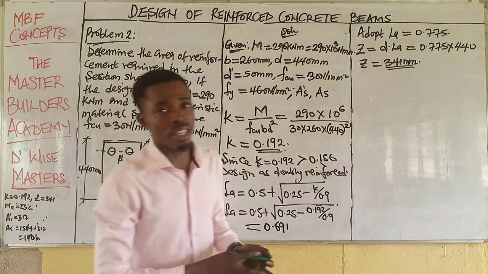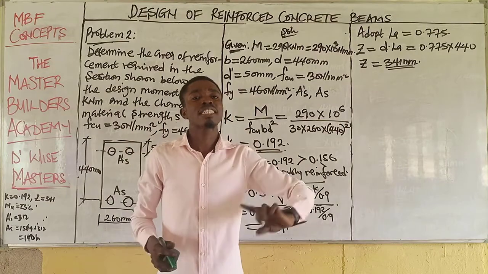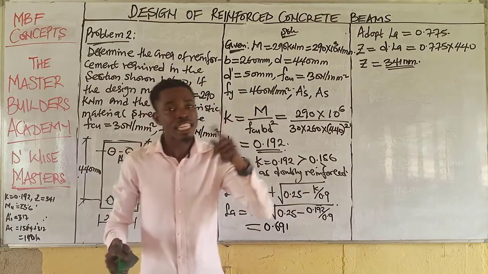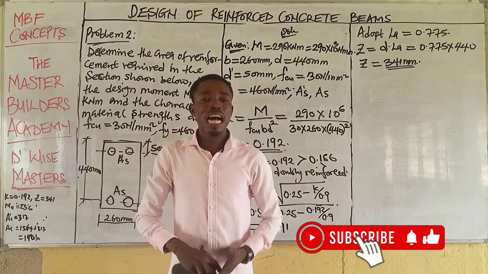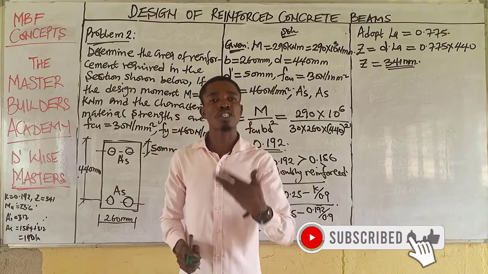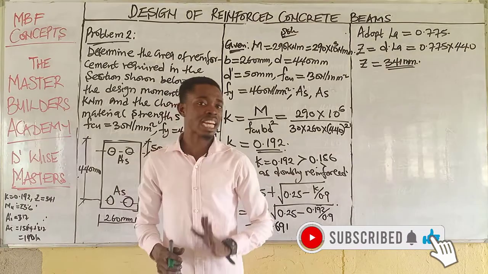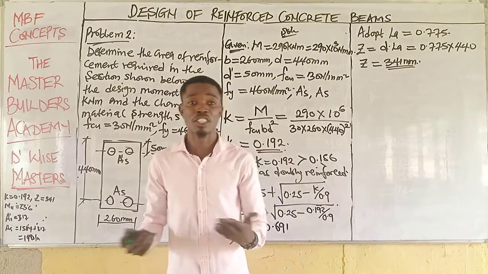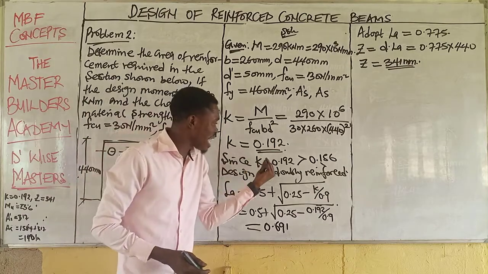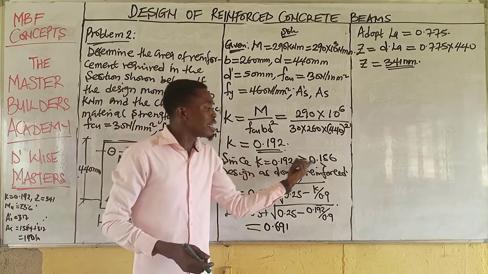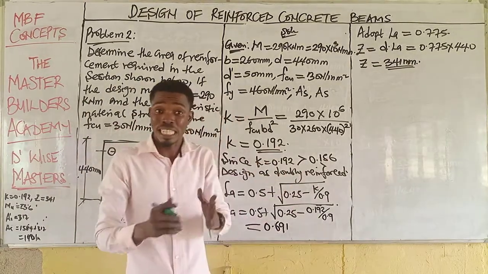Now, secondly, now that you have calculated the lever arm, the next thing you will calculate is the ultimate moment of resistance. I explained earlier that there are two ways to know whether you are to design a beam either as singly or as doubly reinforced. One is to check with the value of K. Now we have ascertained that the value of K is greater than this, and as such we are designing as doubly.